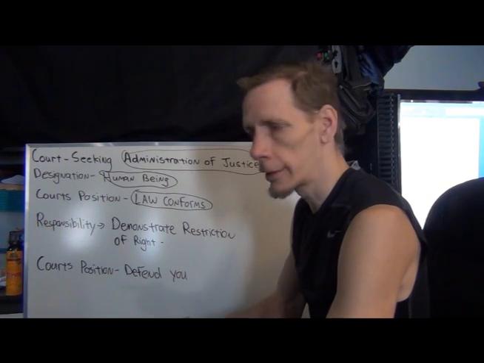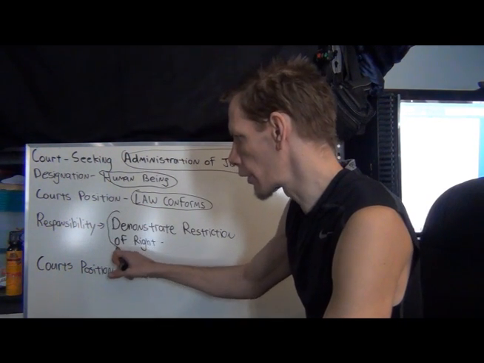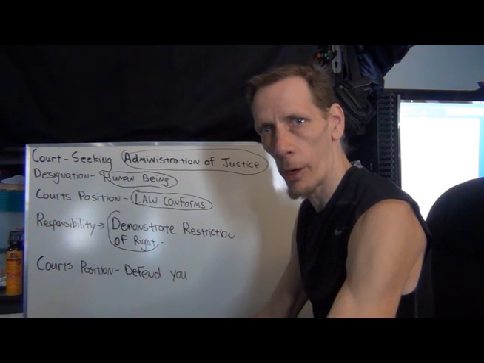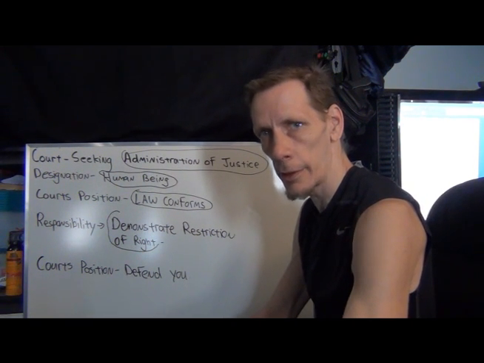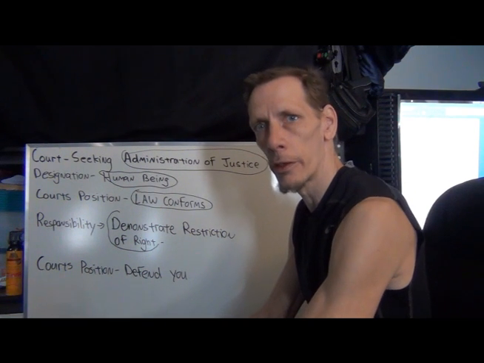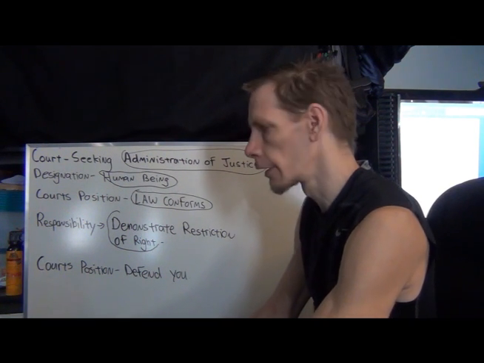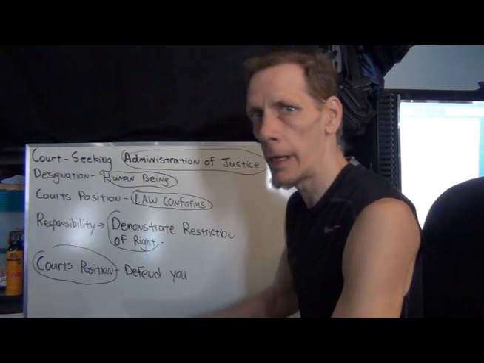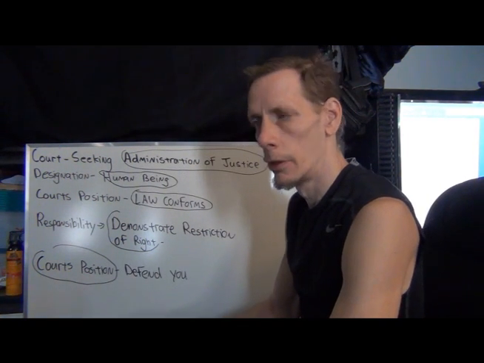My responsibility is to demonstrate the restriction of my right and freedom, that I tried to exercise it and the state party denied me the right to exercise it, and that this is contrary to the principles of fundamental justice. Then the court's position will turn and they will defend you as an individual, your fundamental rights and freedoms.